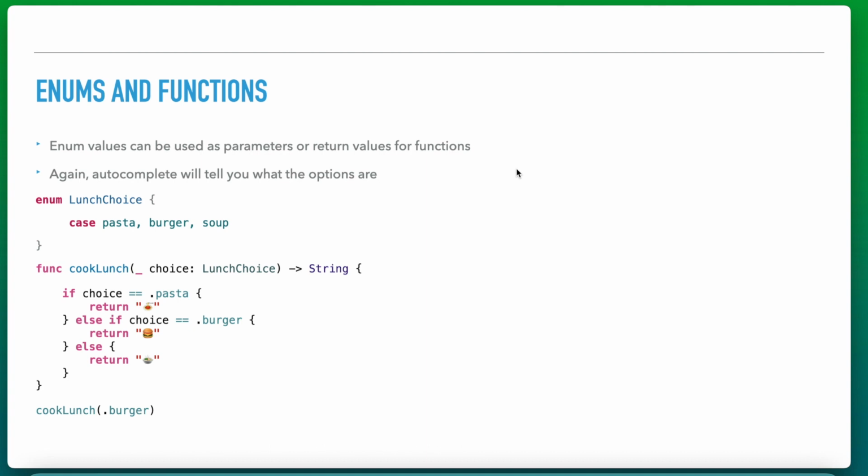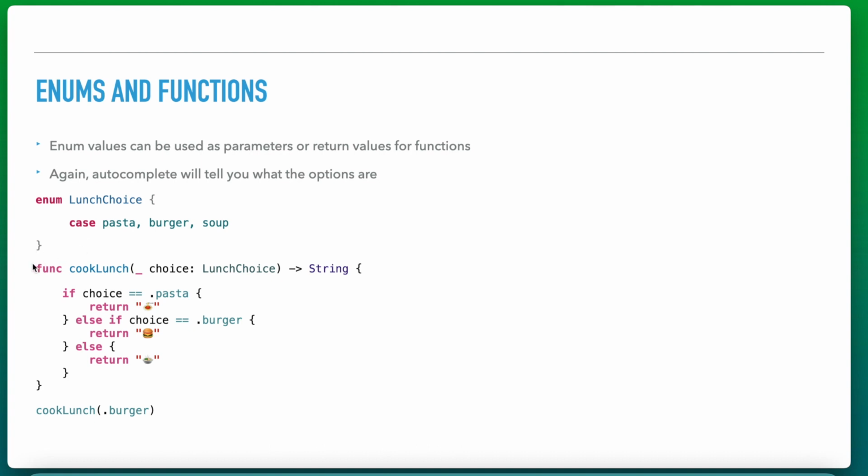Enumeration values can be used as parameters or return values for functions, so this is pretty cool. And again, autocomplete is going to tell you what your options are, so you don't need to have the choices in your enumeration memorized. Again, we have the lunch choice enumeration.